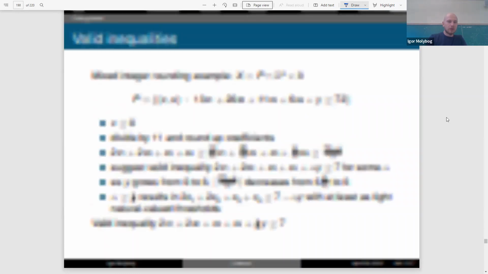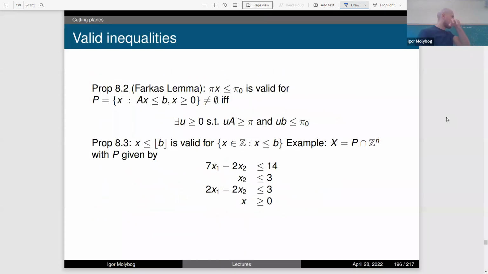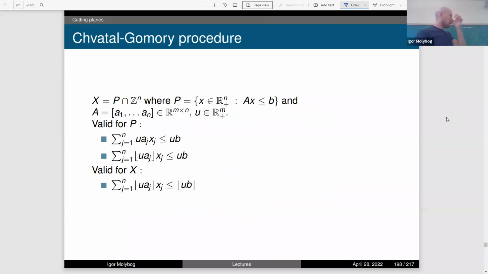How to utilize the fact that we can round up or round down our coefficients, just because the corresponding variables are integer valued. So for those purposes, we have had the valid inequalities that you definitely need to remember.